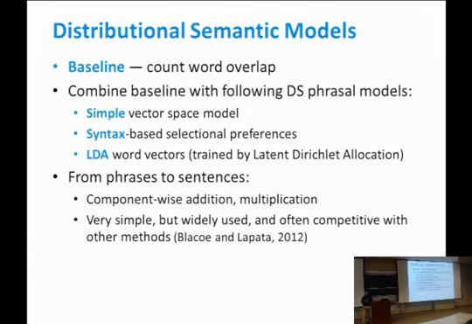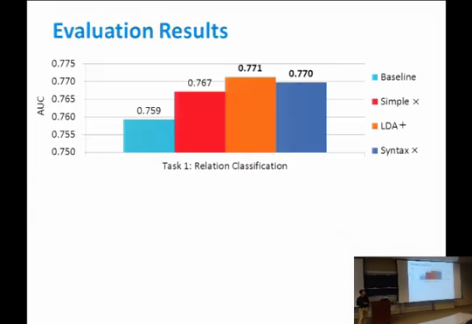These methods are focused towards building phrase-level representations, and we need a further method to compose them to the sentence level. I'll simply use component-wise operators, component-wise addition and multiplication, which have been shown to often be competitive with more complex methods, even though it's linguistically naive.